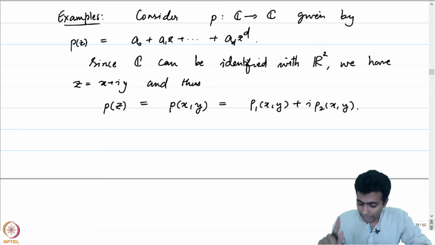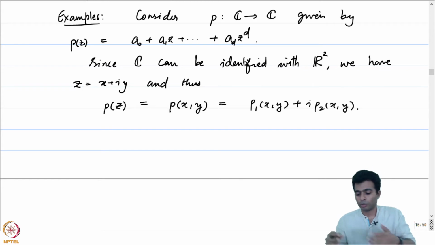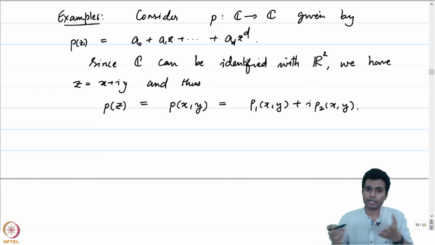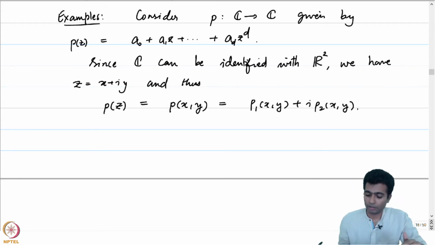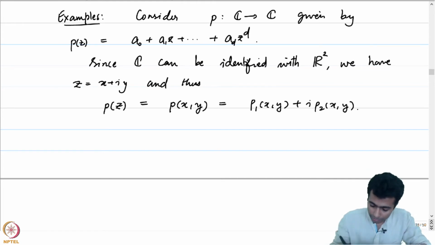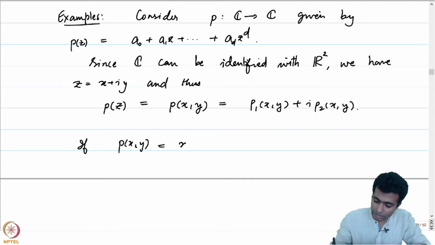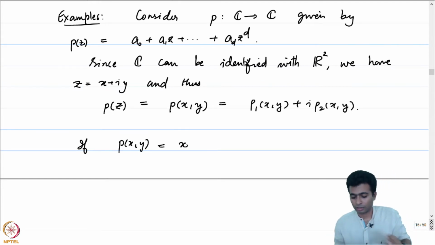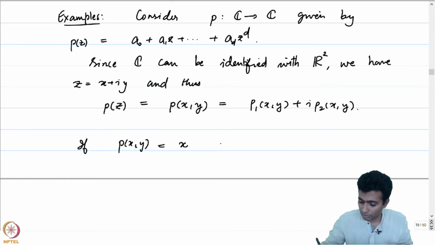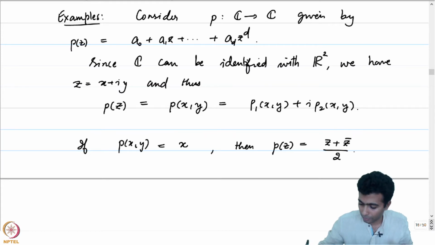A thing to note here is that not every polynomial in xy can be realized as a polynomial in just z. So, for example, if p of x comma y is equal to just the first variable x, this is a polynomial in x comma y, but notice that if you write it in terms of z, then we have p of z is going to be equal to z plus z bar by 2.